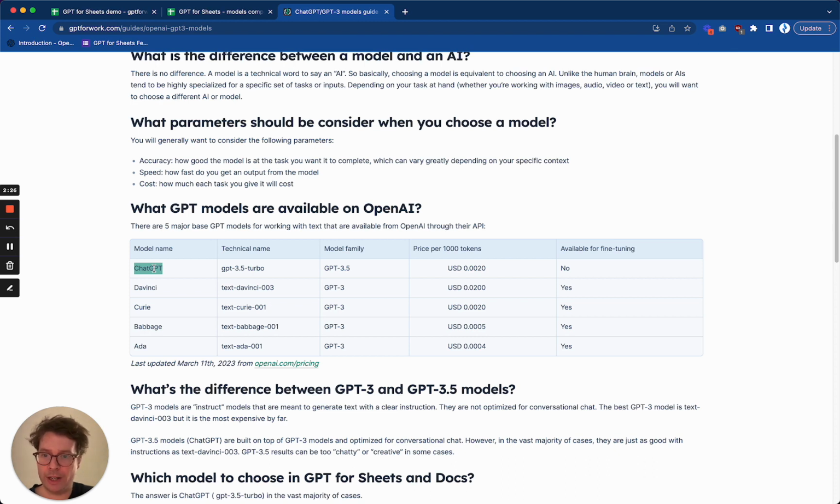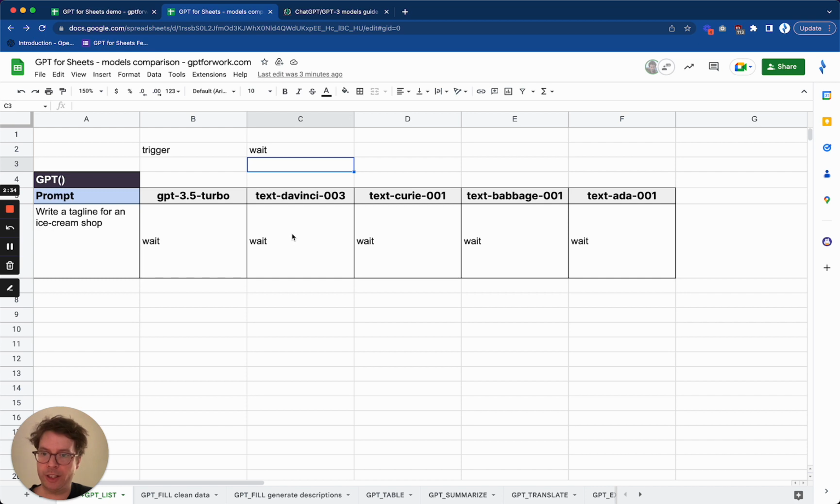But I thought, okay, let's actually make a real-life comparison of all these models. So I have prepared a spreadsheet here where I have a prompt, and I've done this for many functions, so we will be reviewing them all for different tasks. I have the prompt and the GPT function for each model.